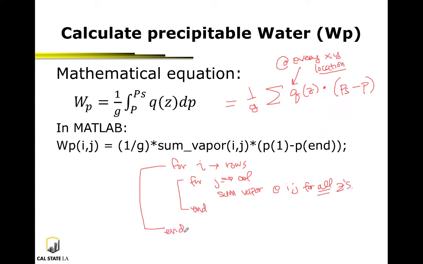When you're grabbing all your Z's, you're grabbing vapor LV, all 12, and you're pivoting your IJ. Then you do the sum and the sum and the sum. So this should be your product, which is going to be 2D, because you're summing across all of the elevations. That's a hint on how to get your homework started.